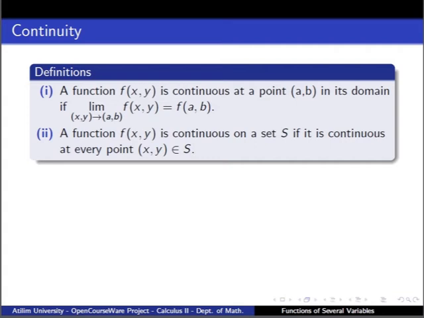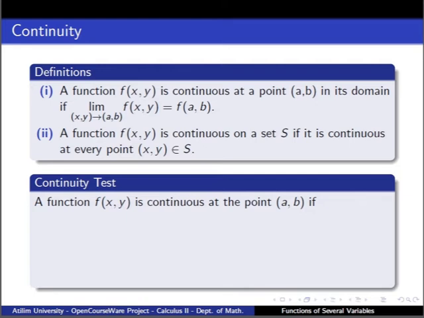But to show whether a given function is continuous or not, we use a test which is called the continuity test, where this test says that a function f is continuous if the following three conditions hold, which are given here by the three items.